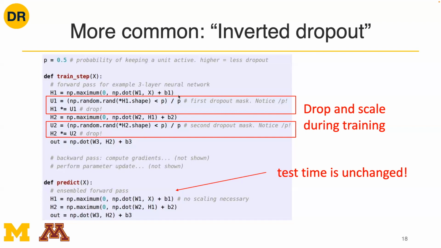Any other questions on dropout? Yeah. So the question was, how does batch training, or batch-wise gradient descent, affect our implementation of dropout?